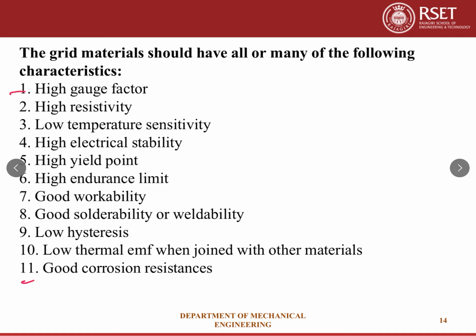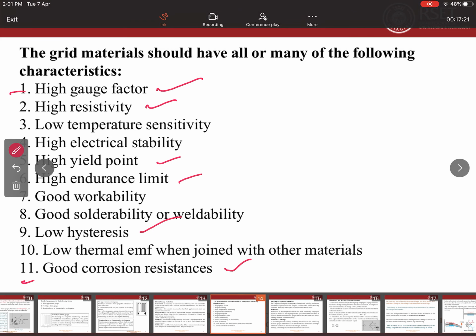So the grid material should have all or many of the following: high gauge factor, high resistivity, high yield point, high endurance limit, low hysteresis, good corrosion resistance, etc. These are the different characteristics that a grid material should have.